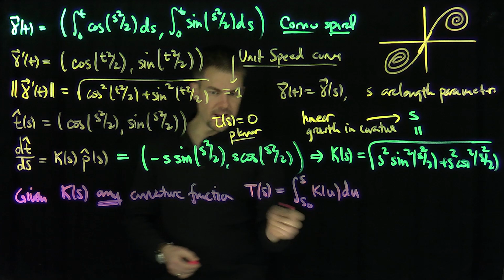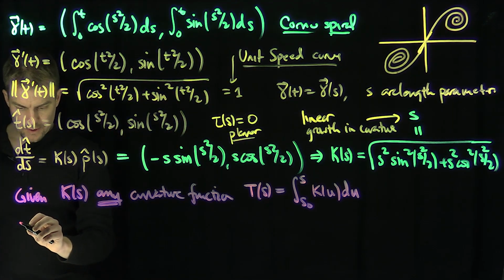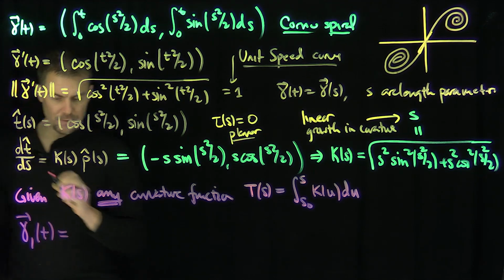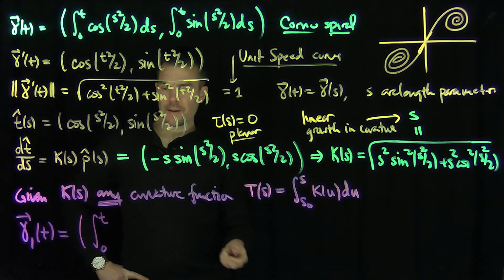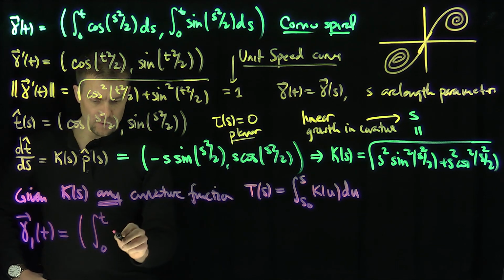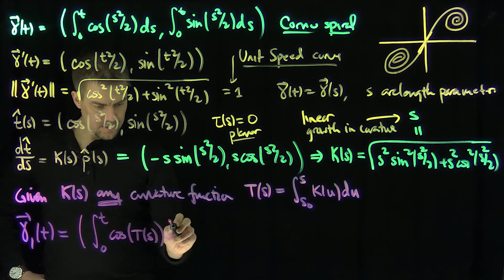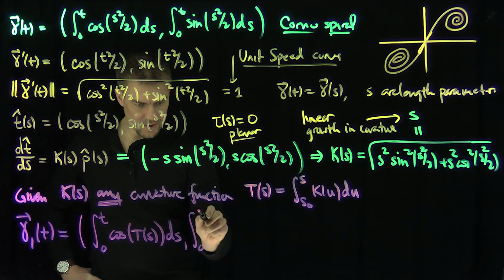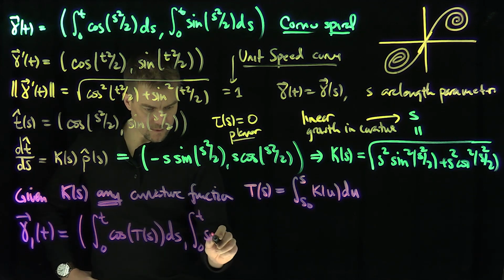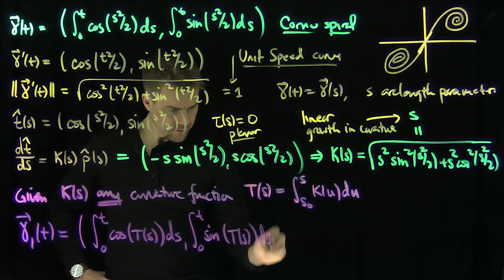If I take an antiderivative of this curvature, we can use a modified version. So let's look at gamma 1 of t, which is going to be the integral from 0 to t of cosine of theta of s ds, and then the integral from 0 to t of sine of theta of s ds.